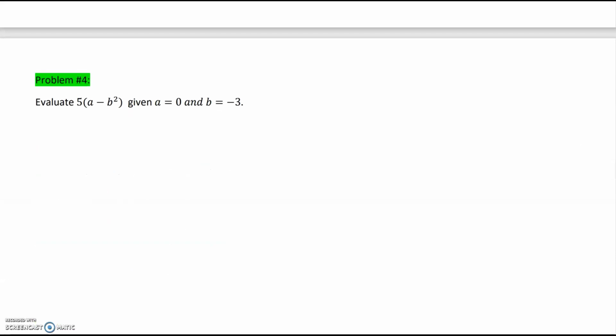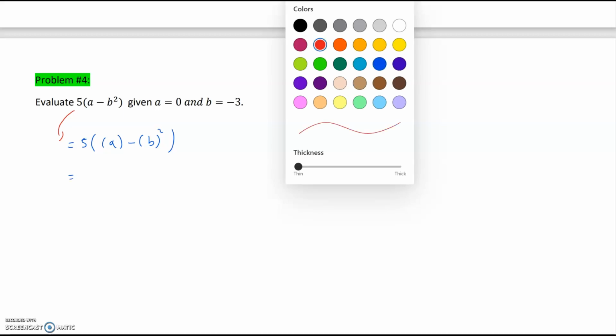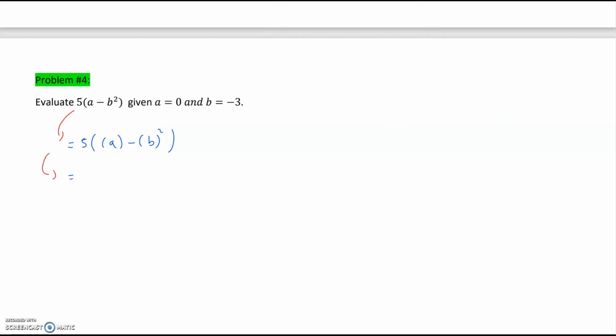Now, problem 4 is a little bit more complex because of the format that it's given with the parentheses already there. So I'm just going to say that this expression is equal to 5 times (a minus b) squared, and then I'm going to put another set of parentheses on the b's as well. At this point, we're going to plug in the values.